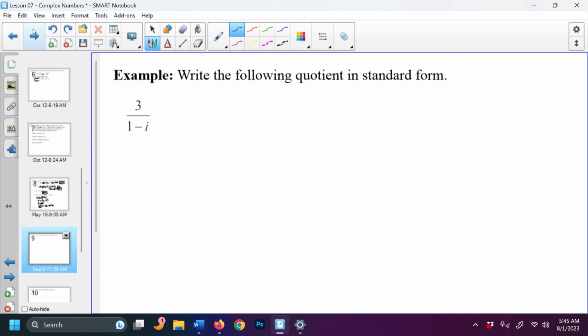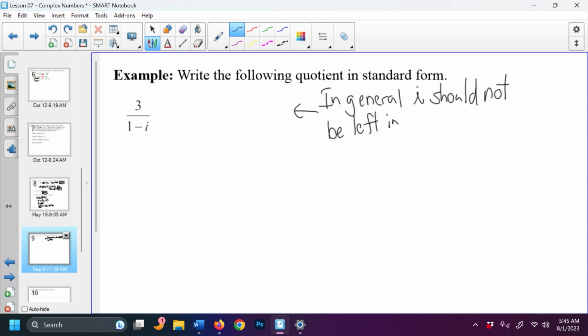Next, write the following quotient in standard form. So this is simplifying a division, and in general, i should not be left in the denominator.